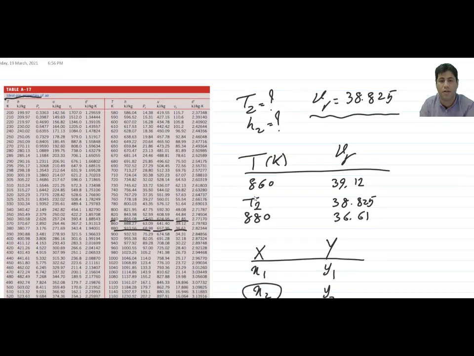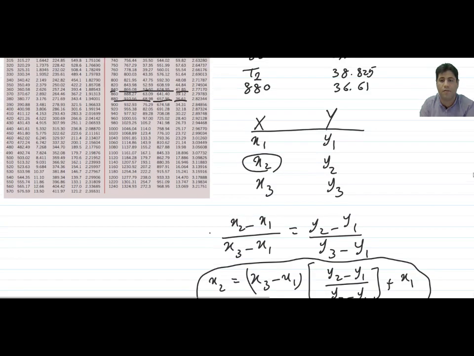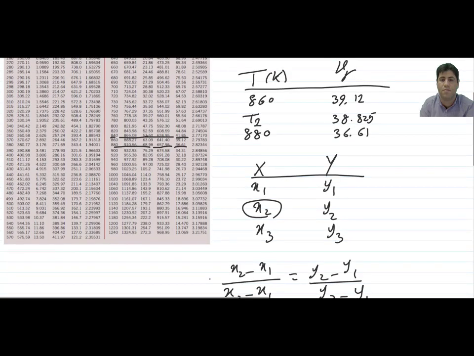If you notice, we have a similar table. We have x1, which is 860, x2 is T2, x3 is 880, and so on. So with a similar procedure, we can write the equation to find T2.